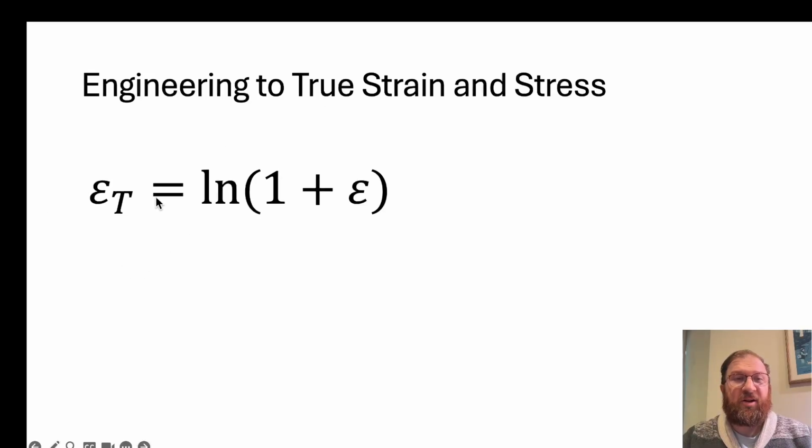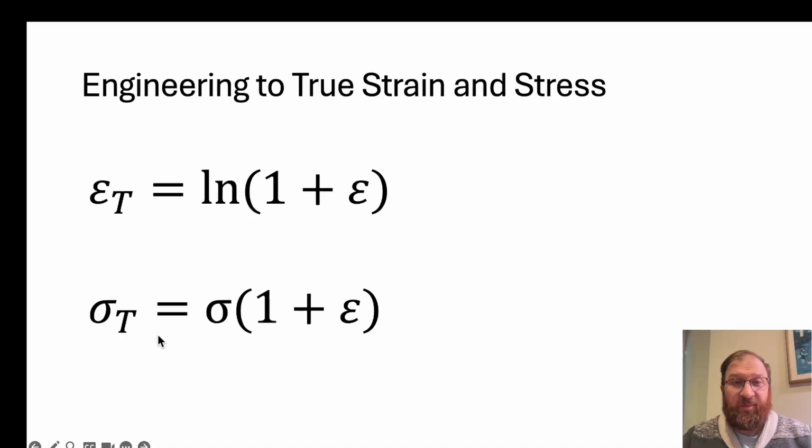So here is our conversion for true strain, and that is equal to the natural log of 1 plus epsilon. And here you don't see the subscript T, and so this is the engineering strain. So we take the engineering strain, add 1 inside the natural log, and we get the true strain.